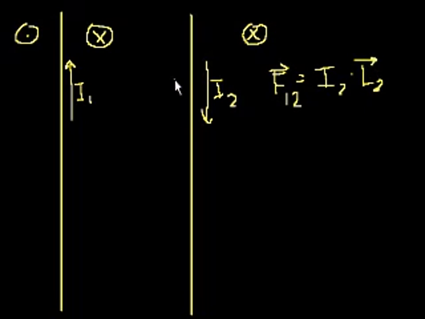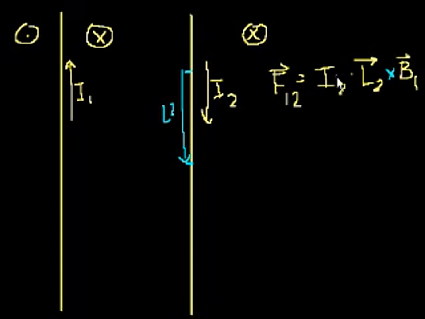This is going to be a vector because it has a magnitude of length and a direction. It goes in the same direction as the current. So let's say that is L2, from here to here. That's the current. Cross product that with the magnetic field created by 1.